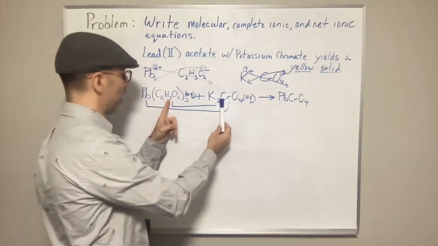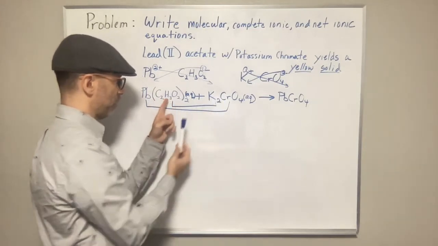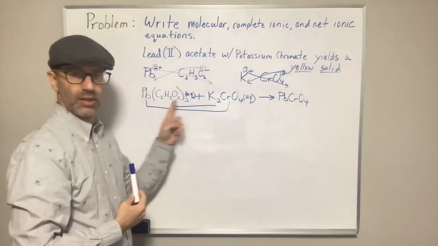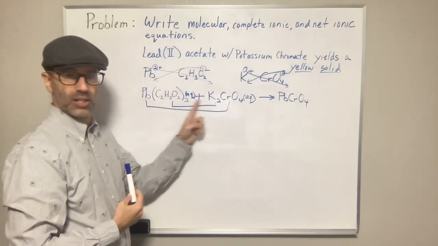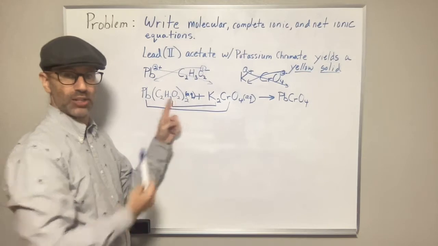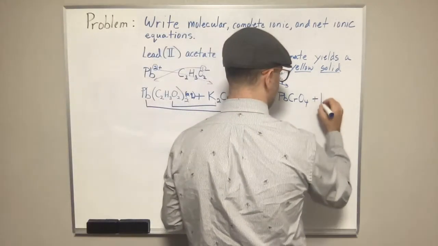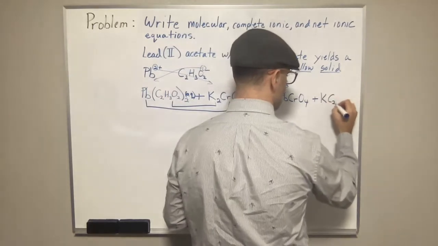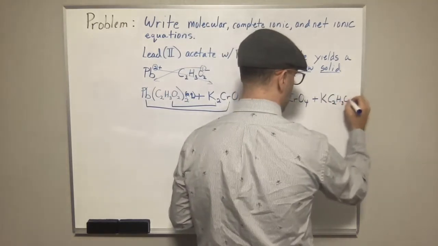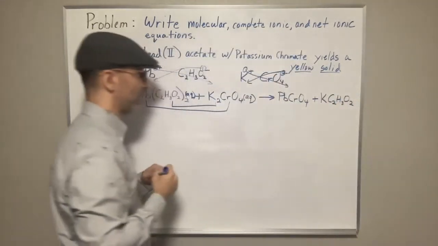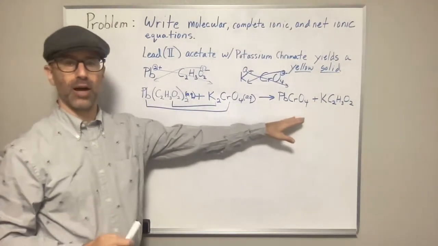And then the inside ions go together. So my potassium and my acetate are going to go together. Potassium has a +1 charge. Acetate has a -1 charge. So it's 1 to 1 again. So that's going to be KC2H3O2. Okay, so those are my 2 possible products.